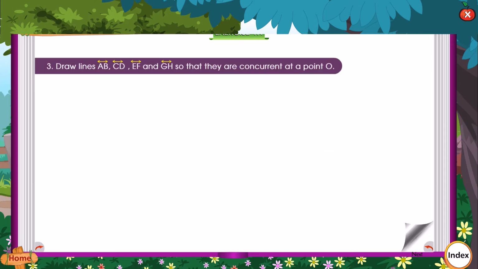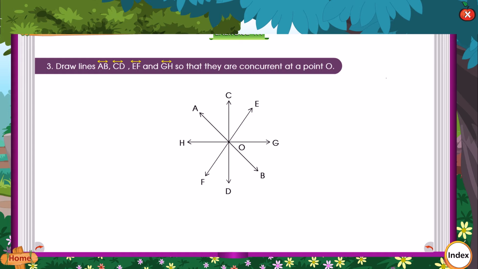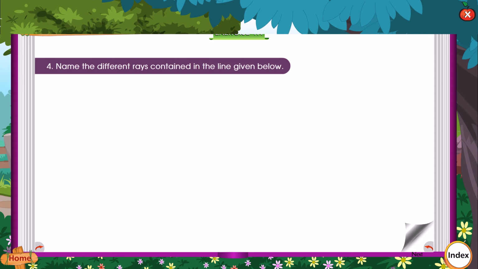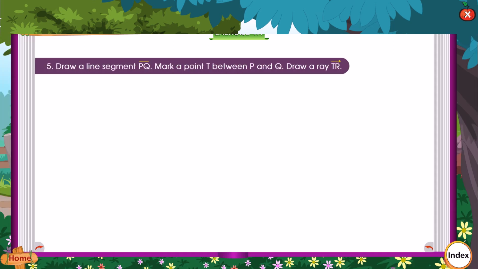Draw lines AB, CD, EF and GH so that they are concurrent at a point O. Name the different rays contained in the line given below. Draw a line segment PQ. Make a point T between P and Q. Draw a ray TR.